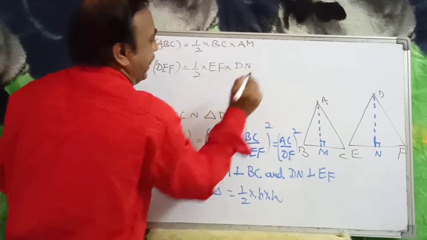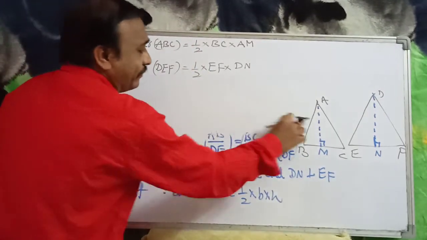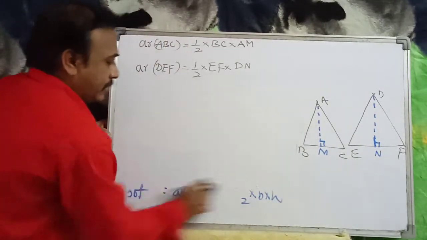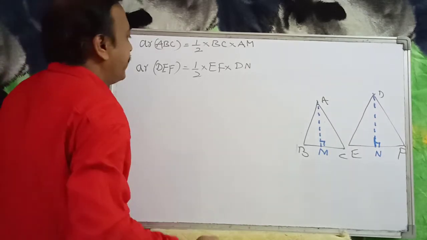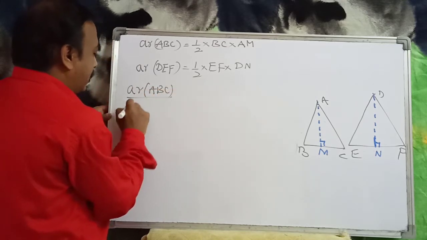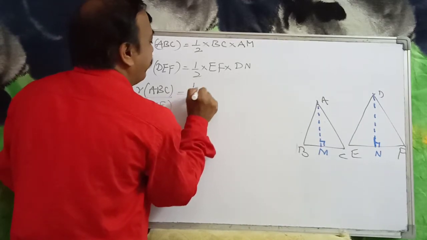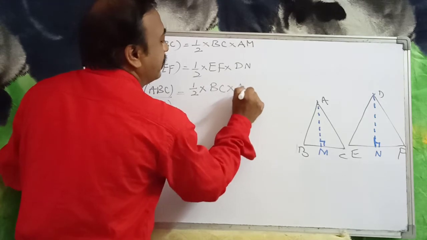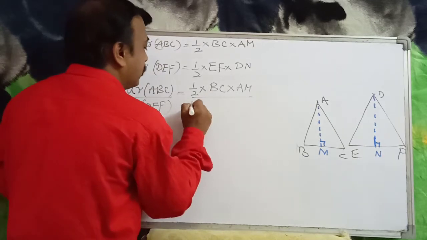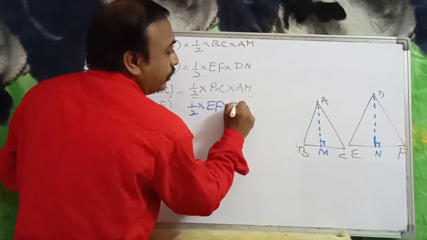So the ratio of the areas of these two triangles, observe: area of ABC by area of DEF is equal to half into BC into AM by half into EF into DN.